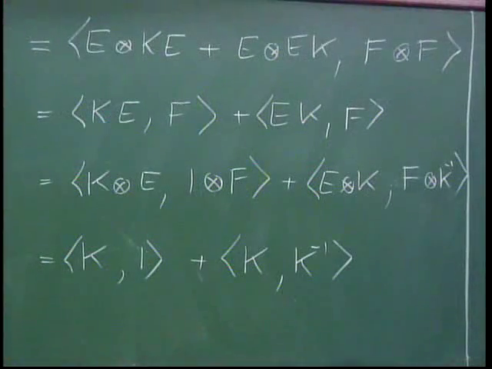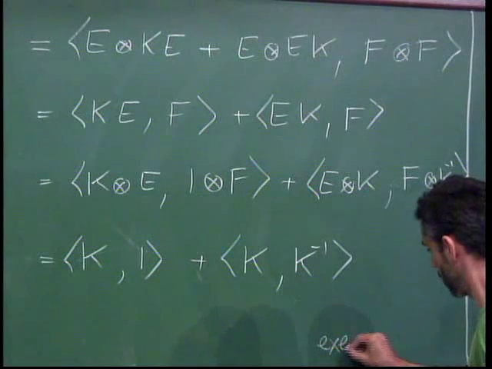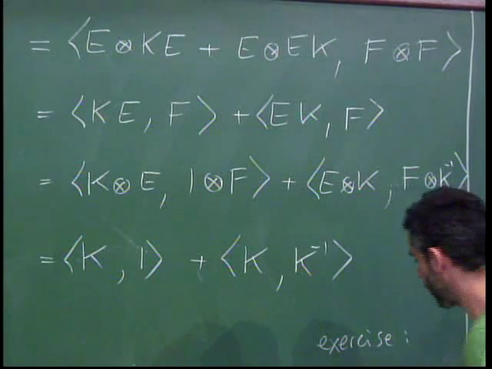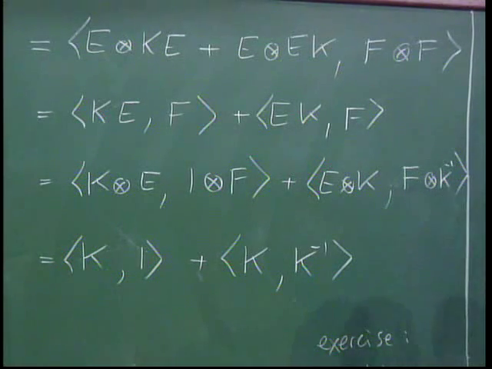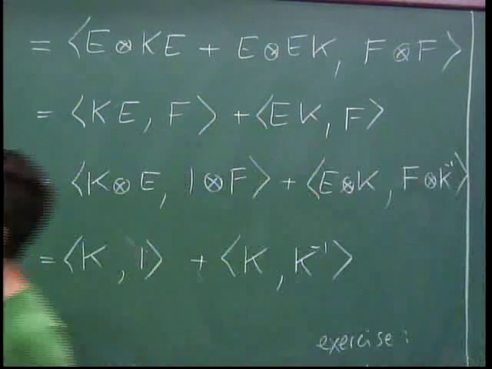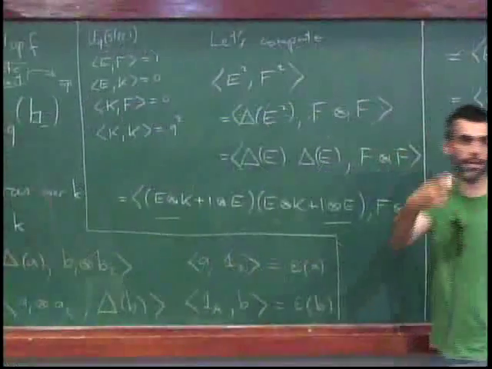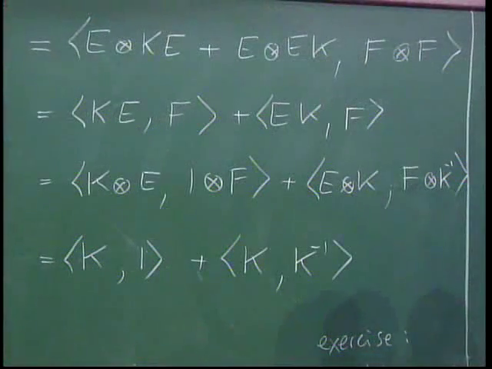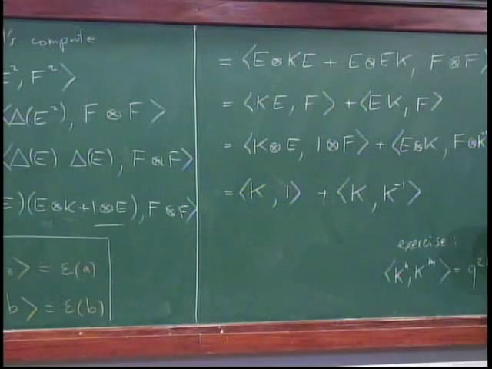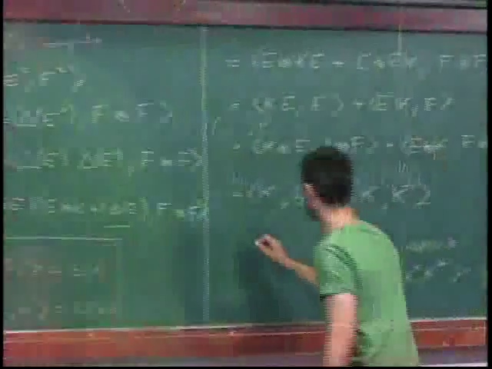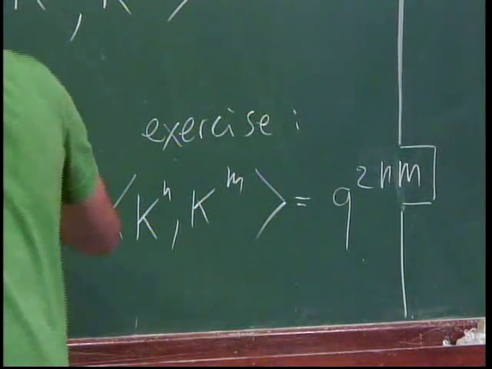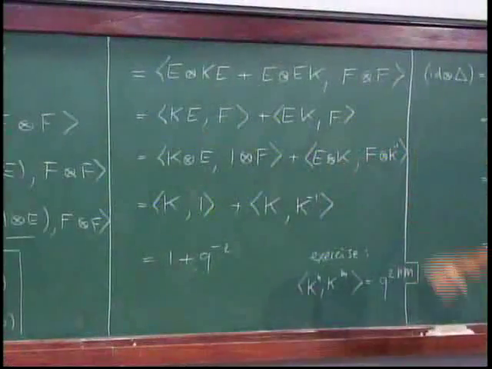This guy here, I'll give you a little exercise, which is to check that K to the N paired with K to the M is related to K paired with itself by taking that number and raising it to the power N times M. So it's Q to the 2 N M. Okay, using that, we compute that this is Q to the minus 2, and we end up with 1 plus Q to the minus 2. Okay, great, we have an answer.